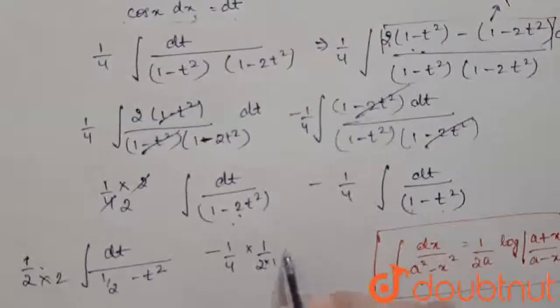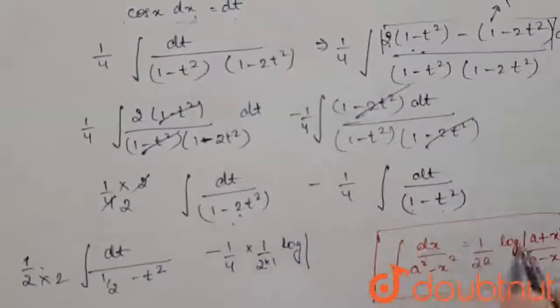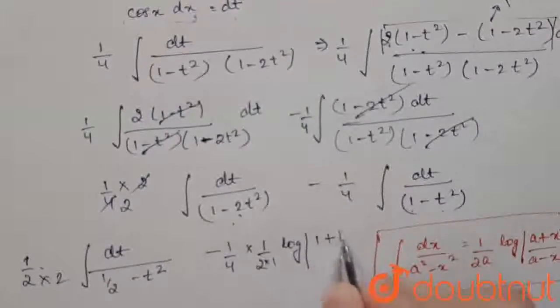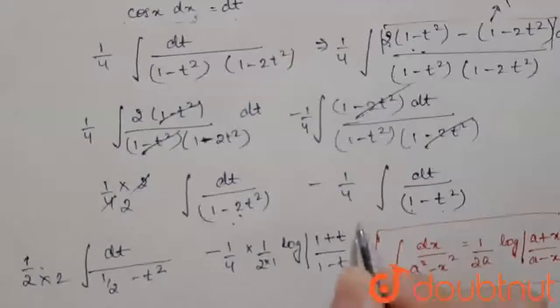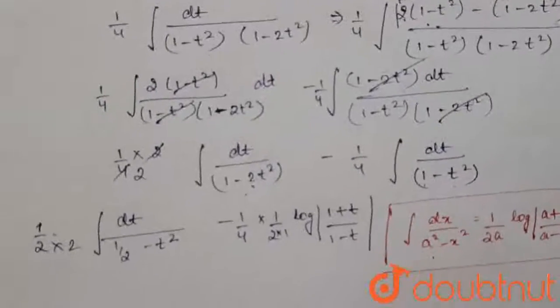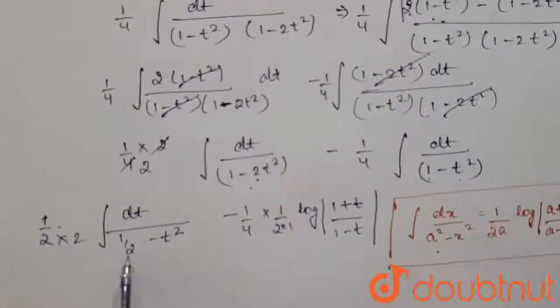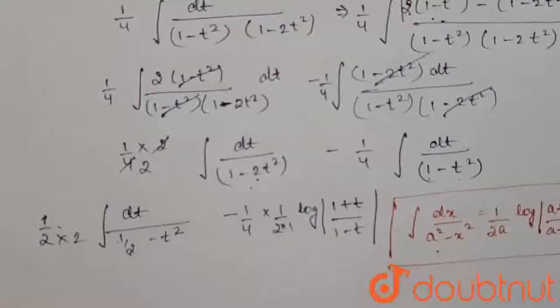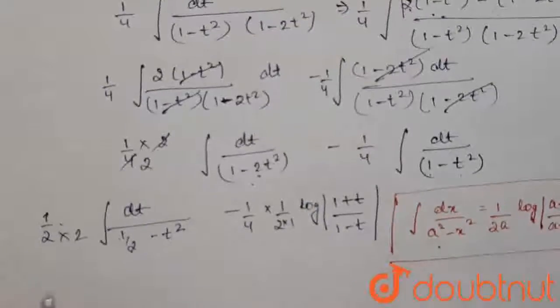So into 1 log of mod a plus x, 1 plus t upon 1 minus t. This will be this. Now this is 1 upon 2, that is 1 upon root 2 to the power 2. So we will apply the formula. The value of a is 1 upon root 2.